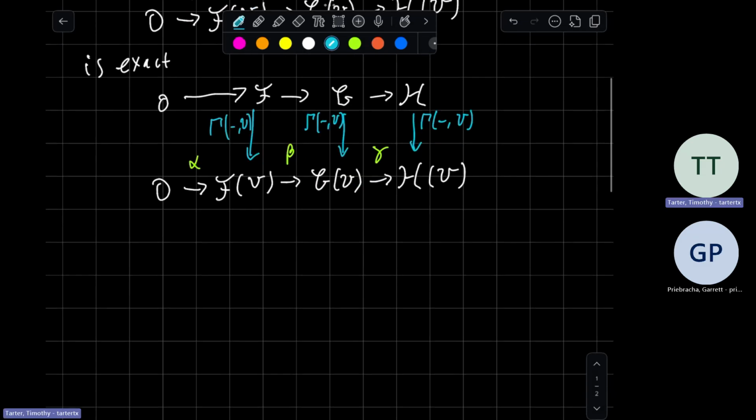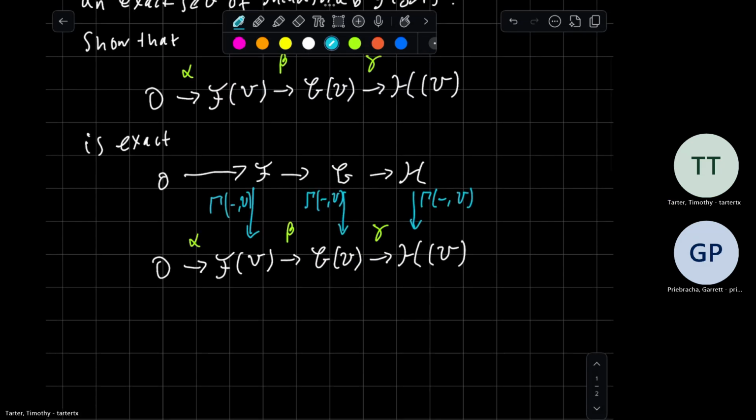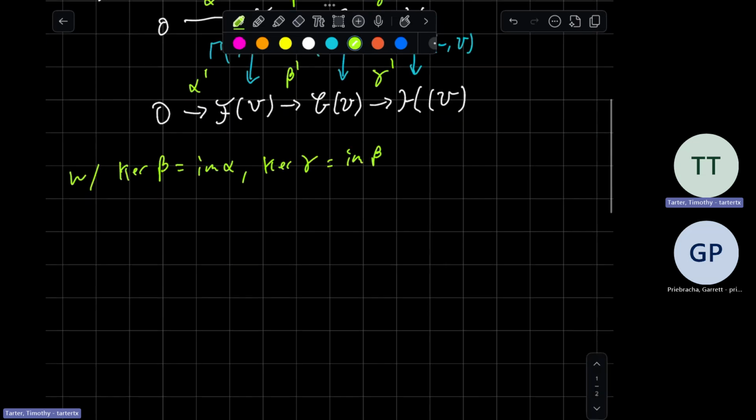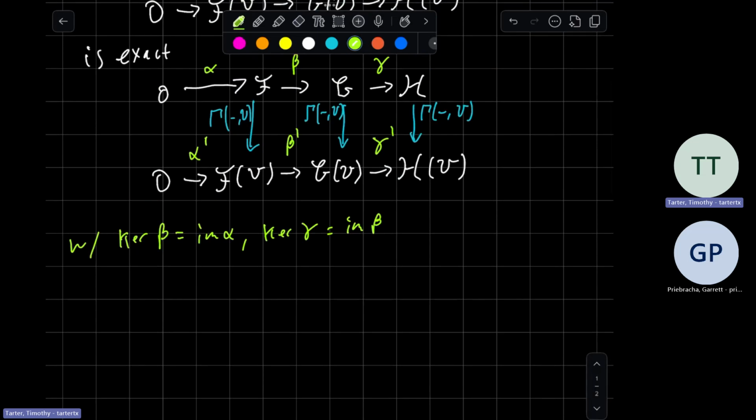We're given, I guess we'll make this alpha prime, beta prime, gamma prime, and we'll make this alpha, beta, and gamma, with ker beta equals im alpha, ker gamma equals im beta.